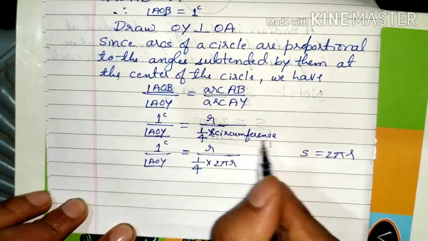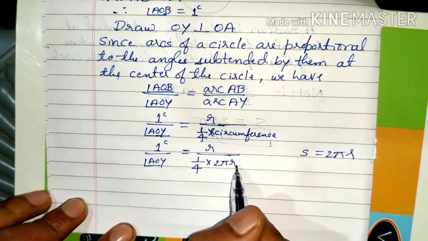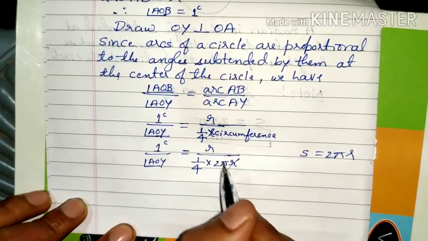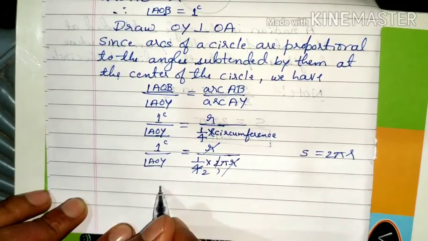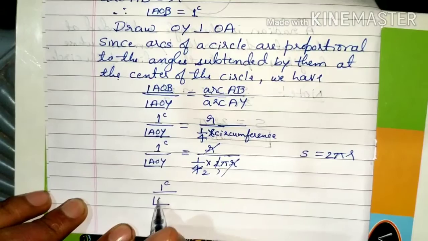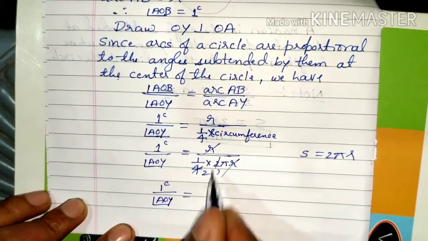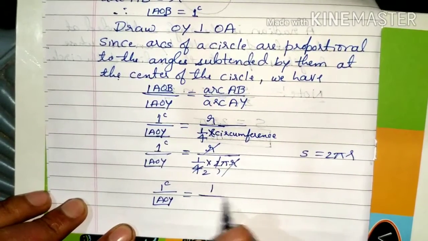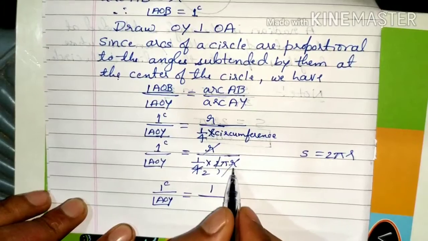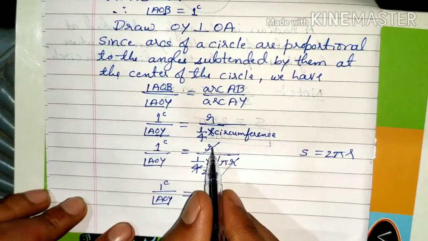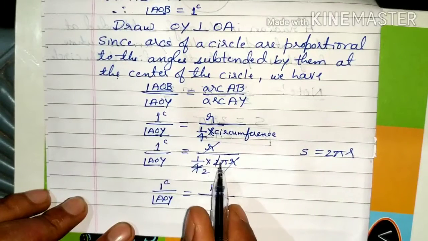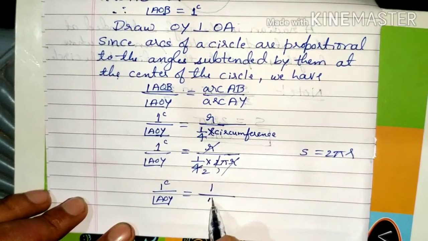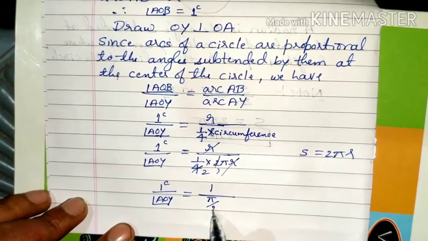So in place of circumference we can write 2 pi r. Therefore here I can cancel r and r. 2 ones are 2, twos are... So if you cancel numerator and denominator, 1 will be remaining, and then the remaining is pi divided by this 2.